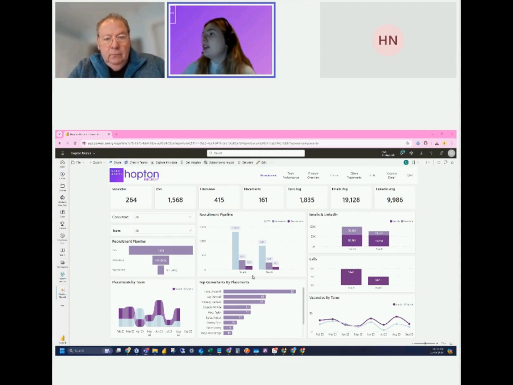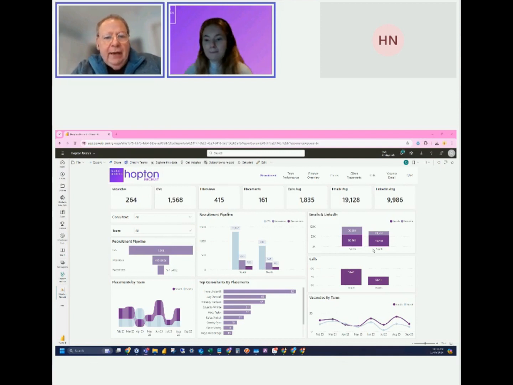So we can see that, generally speaking, the South is sending significantly more CVs, but similar-ish numbers in terms of interviews and placements. So that's something you can have an idea of when you're looking at this at a glance, and see the performance, not just overall for the whole business, but also between the teams that we have here.